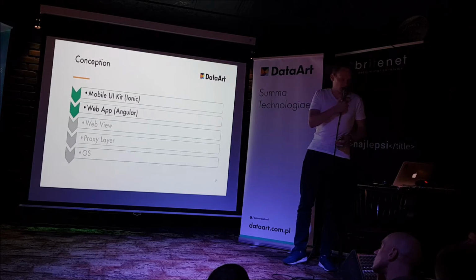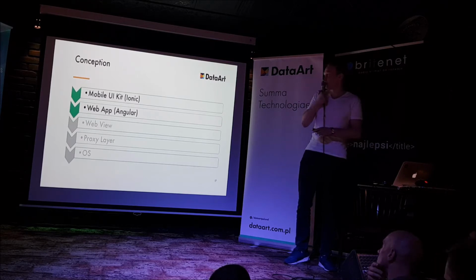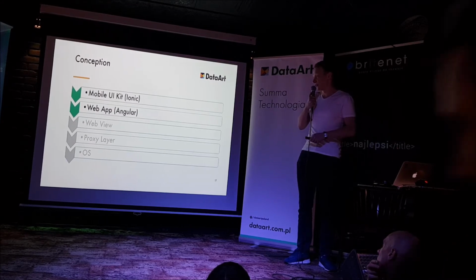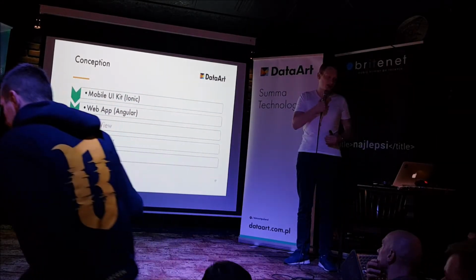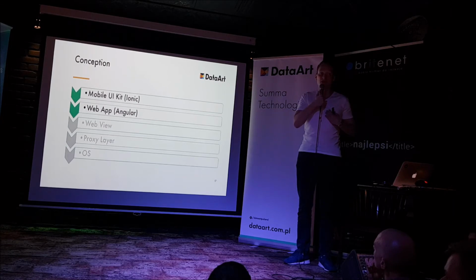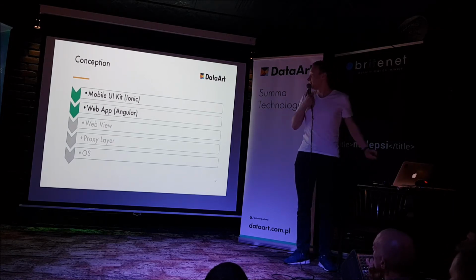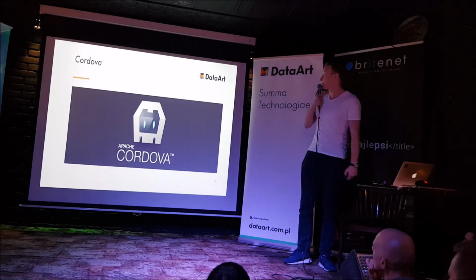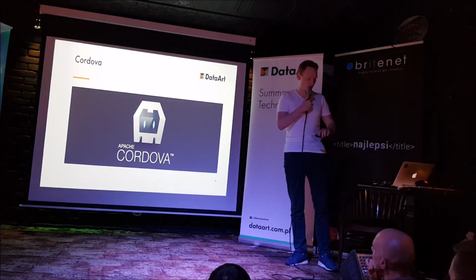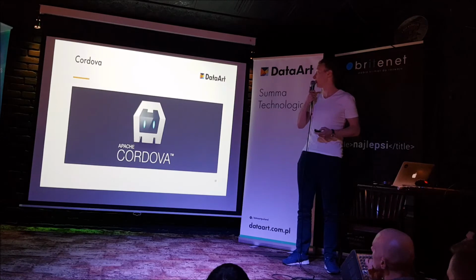So, as you can guess, IONIC is some application written in Angular, on top of Angular. And unfortunately, it isn't the best build of Angular I've seen, but... so, what is Cordova? I mentioned it several times, but I haven't shown it.